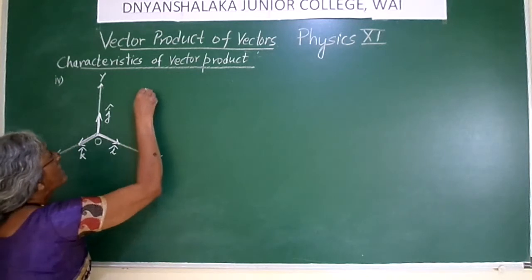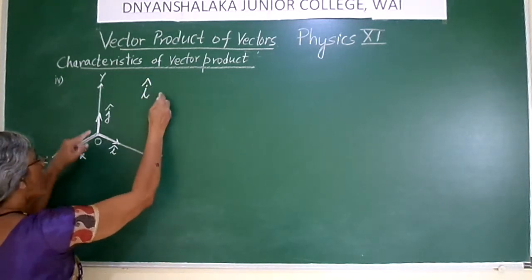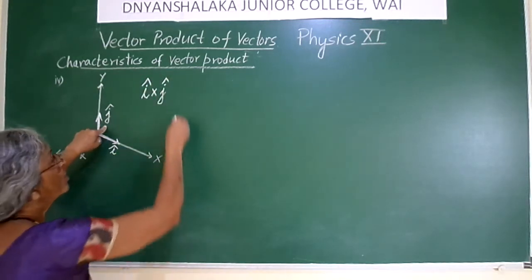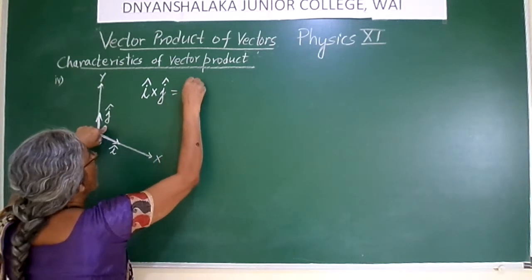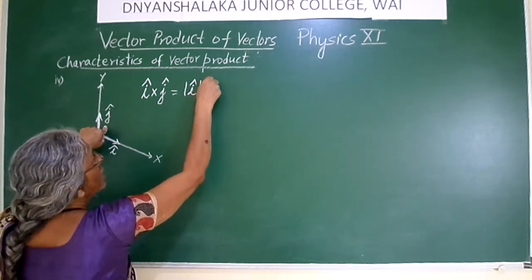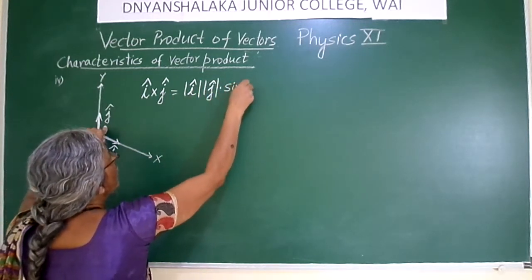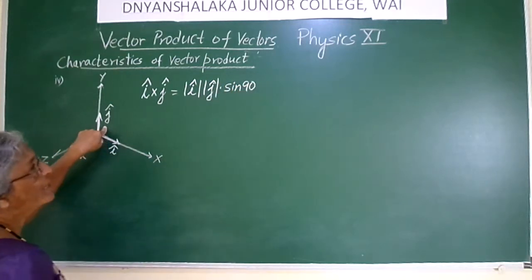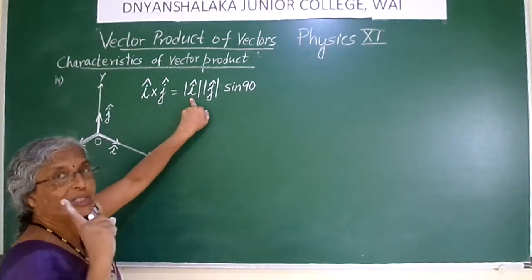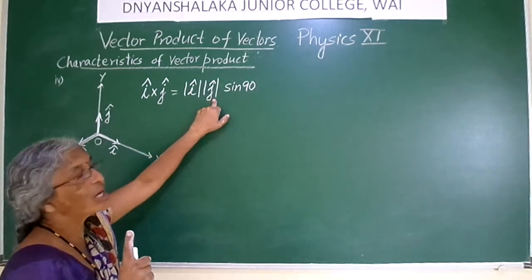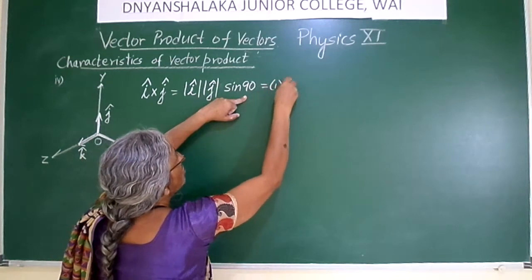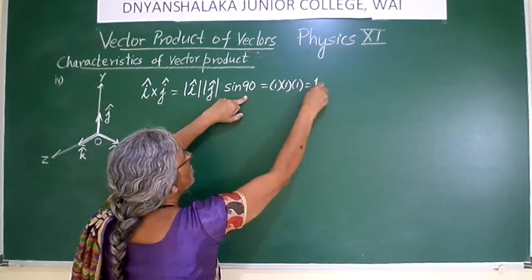Now I take the cross product of i and j. Vector i cross vector j will be equal to what? Magnitude of vector i into magnitude of vector j into sine of the angle between them, that is sine of 90 degrees. Sine 90 is how much? 1. So this will be magnitude of vector i, which is 1, magnitude of vector j, which is 1, into sine of 90, which is 1. So it will be 1 into 1 into 1, equal to 1.